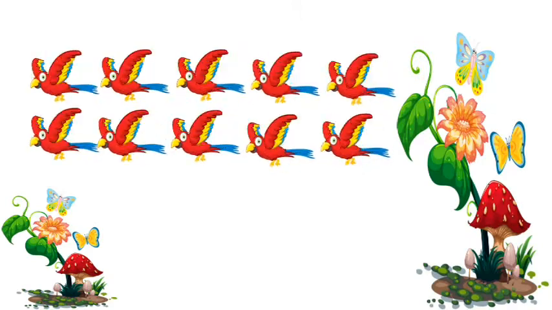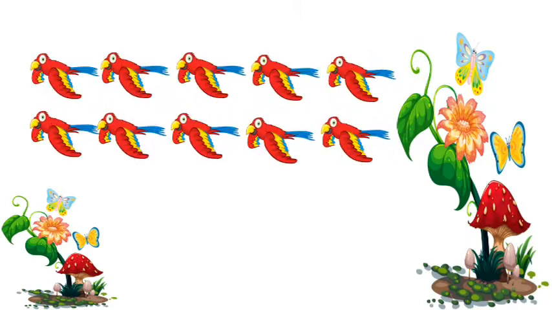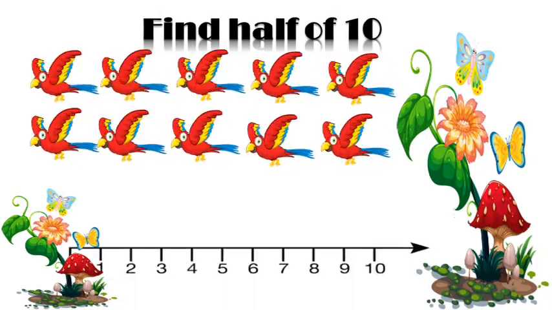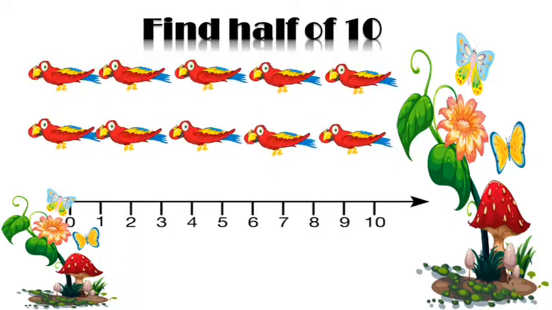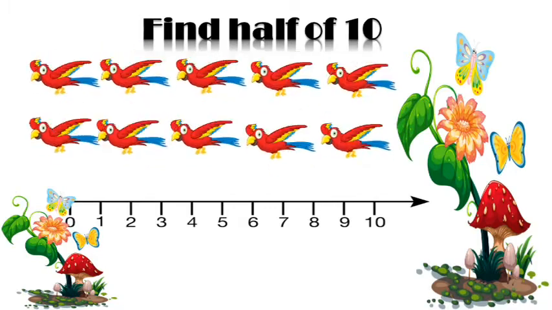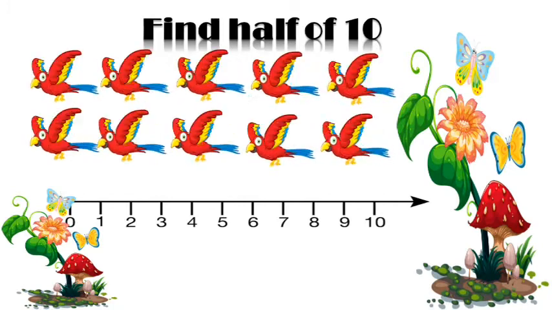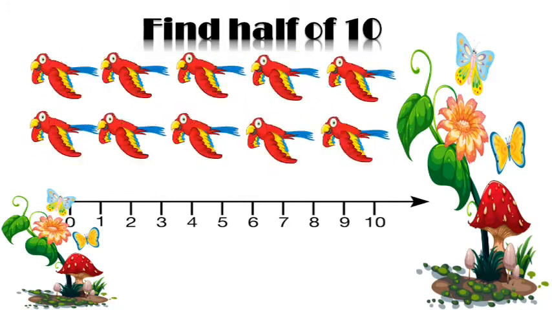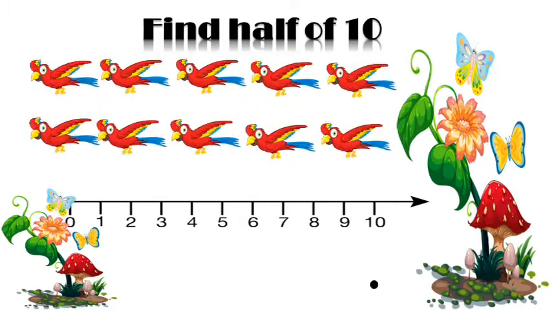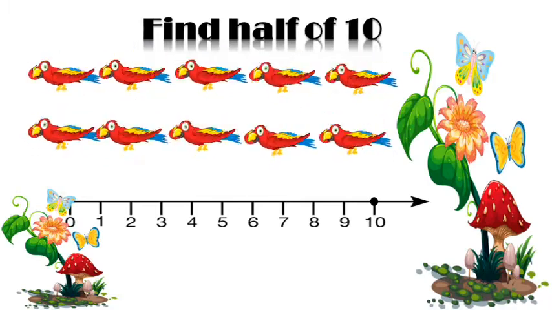Can you find half of 10 birds using a number line? How can we find? Yes, we need to count backward. First we need to find 10. Here is 10.